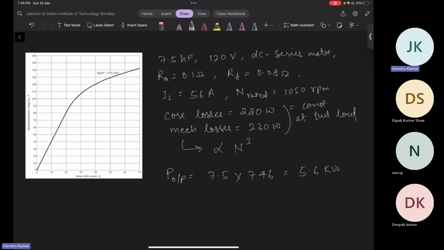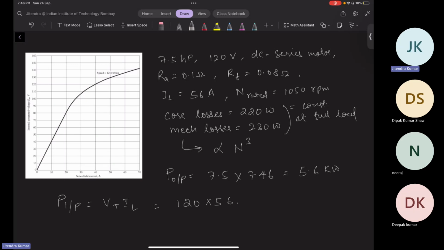Now we have to compute the input power, which will be equal to Vt into IL. It is a very straightforward problem: 120 into 56, since IL was given.